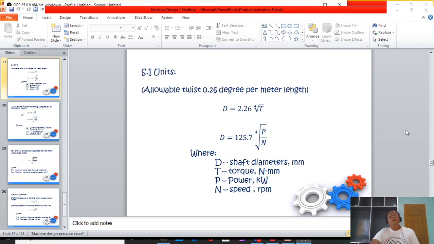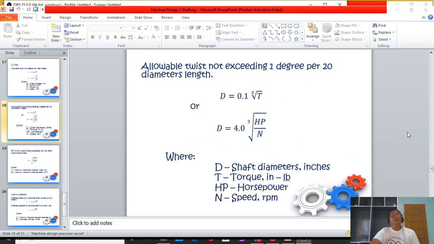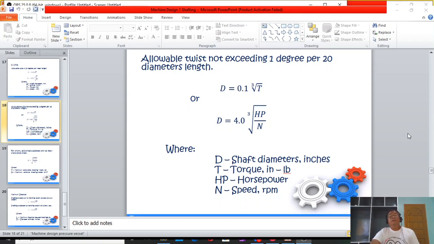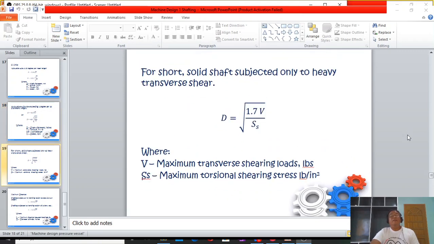And then for SI units, D equals 2.26 times the fourth root of T, and then D equals 125.7 times the fourth root of P over N. And then for allowable twist not exceeding 1 degree per 20 diameters length, D equals 0.1 times the cube root of T, and then D equals 4 times the cube root of HP over N. So, another formula, class.